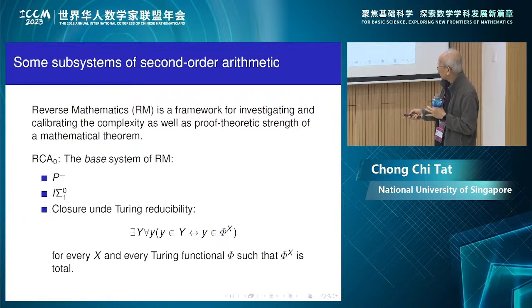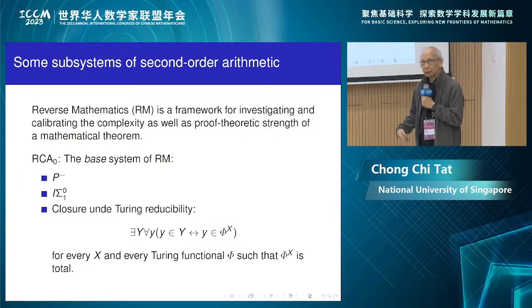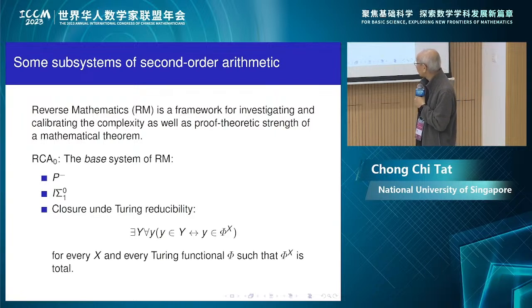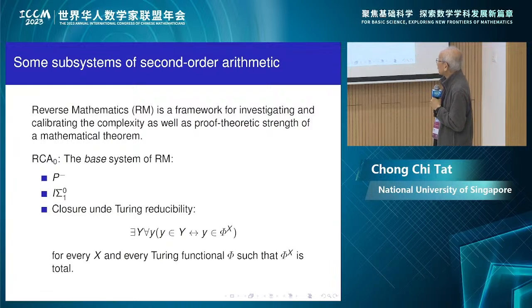For example, if you restrict your model to sets which are recursive or computable by a Turing machine, then there are only countably many such second order sets in that model. Anyway, RCA0 is the so-called base system of reverse mathematics, consisting of the following.